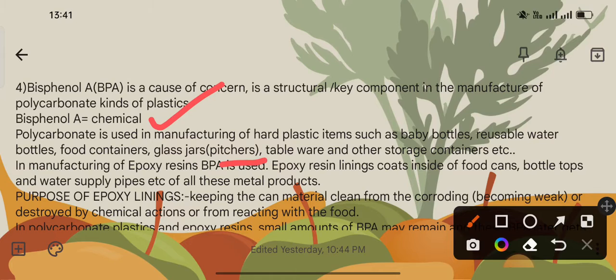BPA is also used in manufacturing epoxy resins. Epoxy resin linings coat the inside of food cans, bottle tops and water supply pipes, all these metal products.